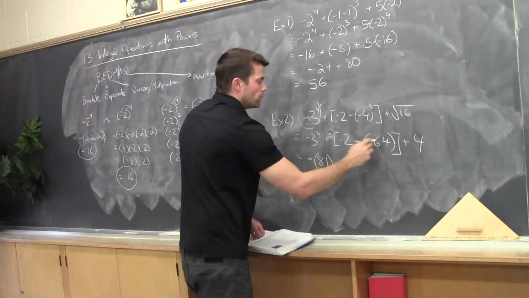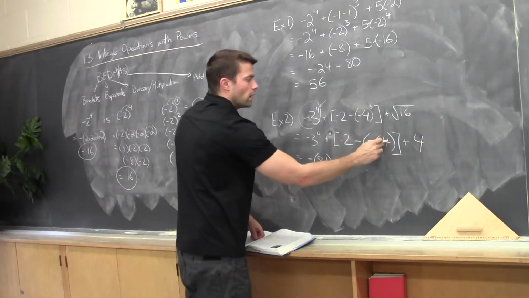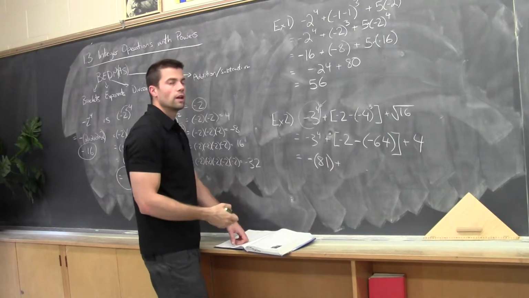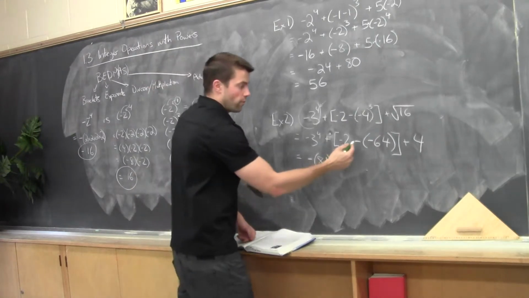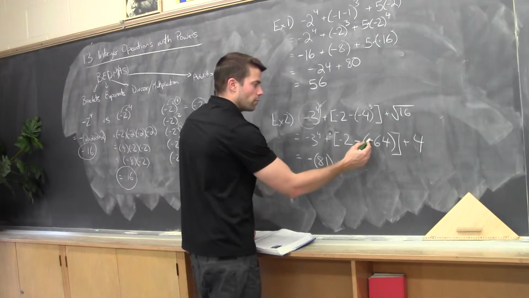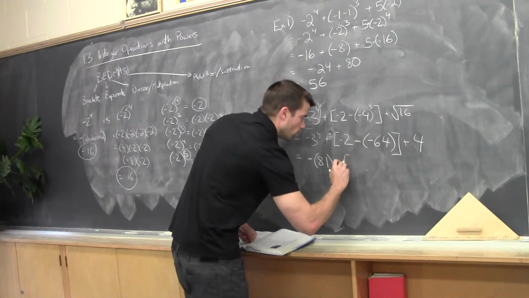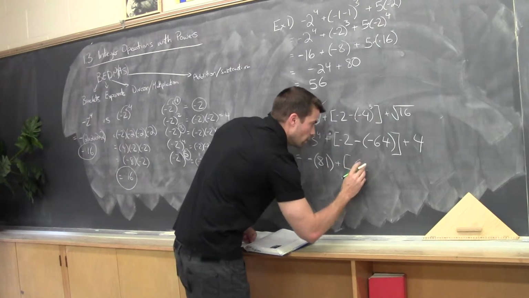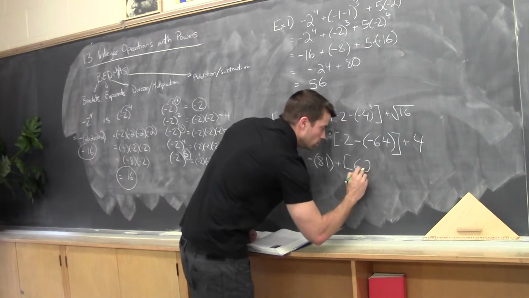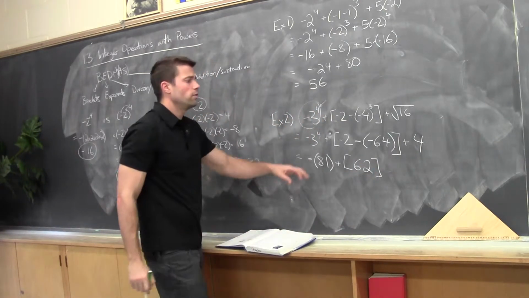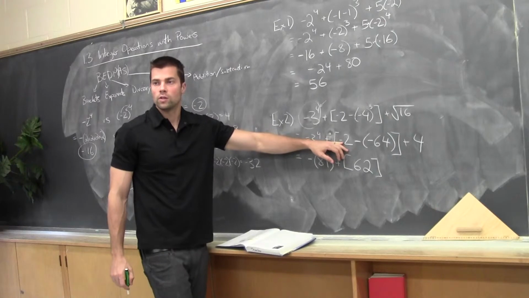Plus, now we're dealing with negative 2 minus 64. When you're subtracting a negative number, you're in fact adding the opposite, so you're adding a positive number. So in this case, we're going to have a result of positive 62. Okay, and even for something like this, you can use your calculator.